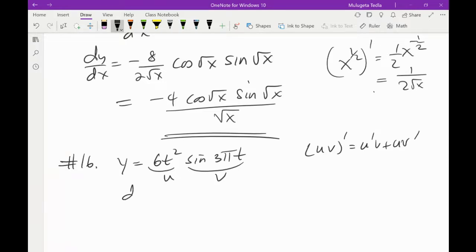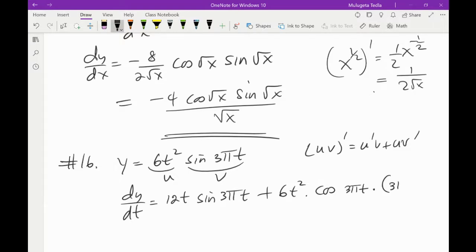That's what I'm going to apply. dy/dt then is the derivative of the first, which is 12t, times the second, which is sine of 3 pi t, plus the first, 6t squared, times the derivative of sine, which is cosine of the angle, times the derivative of the angle, which is 3 pi. The derivative of 3 pi t is 3 pi.